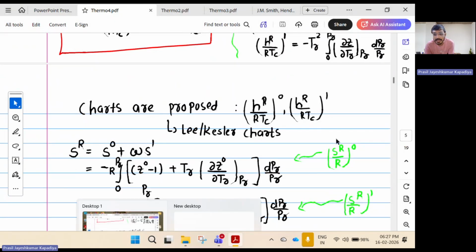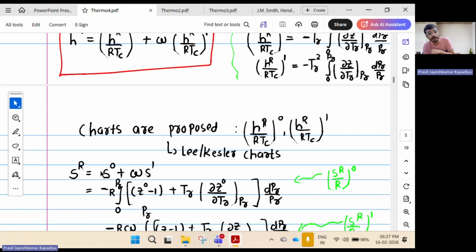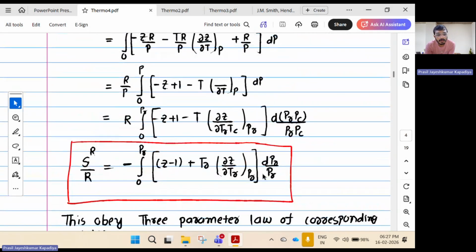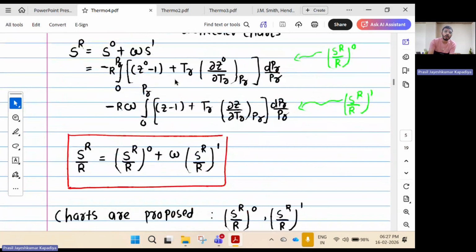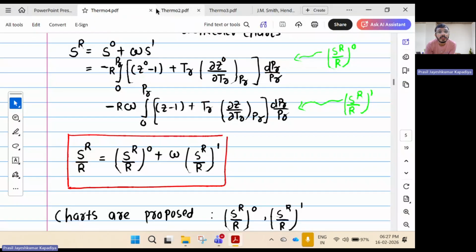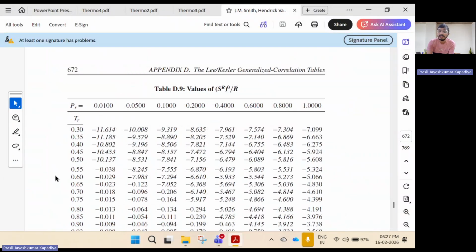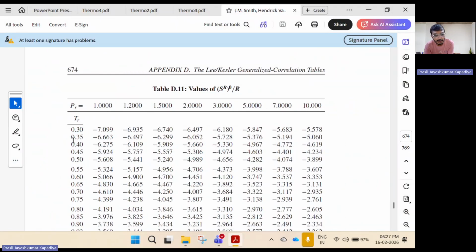Similarly, the same equation I can write in terms of entropy also. So entropy SR is nothing but S naught plus omega into S prime. If I write this equation for the naught and prime terms, I get SR by R naught plus omega into SR by R prime. So here you see the SR by R naught term and SR by R prime term for various PR and TR.